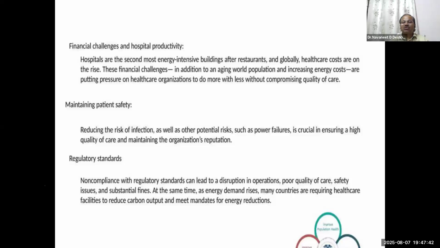So all these issues are another set of things inside the regulatory standards, without meeting which the hospital may not get significant points in order to get the certification. So that aspect also has to be taken care of by people who are newcomers into the industry.